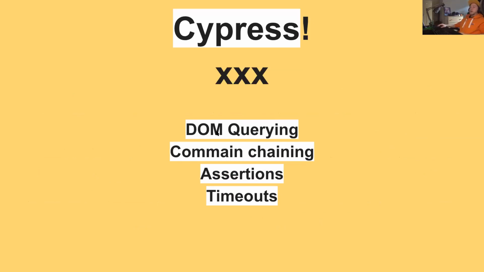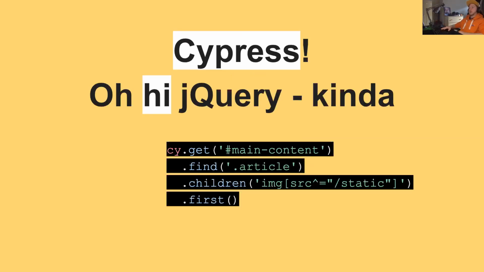So DOM querying, if I give you a quick overview: you can command chain, same thing. If you know jQuery, you can piggyback dot something, or you can traverse through the DOM using the find command, triggering events. You can do assertions, and as I mentioned before, you have timeouts, so waits and things like that.